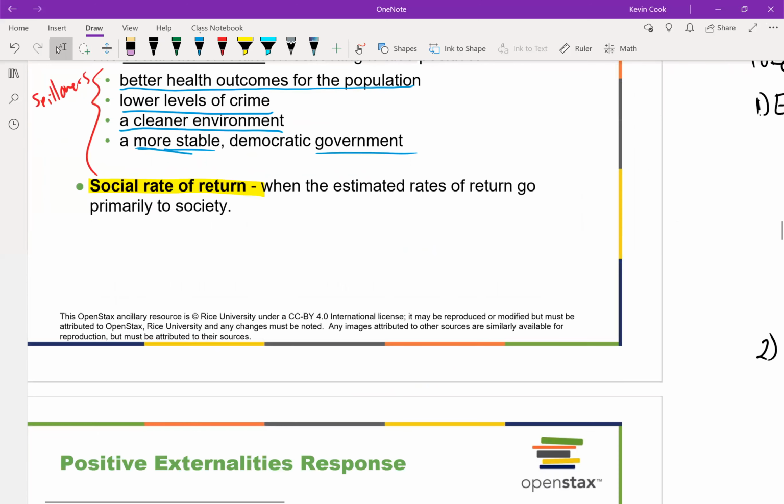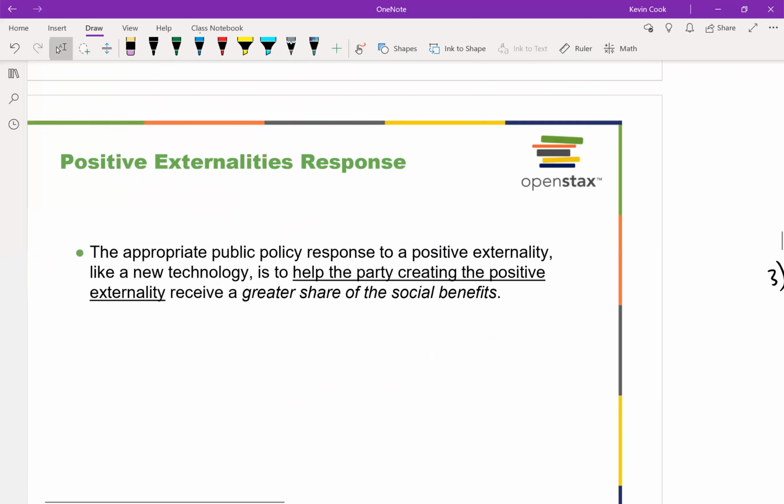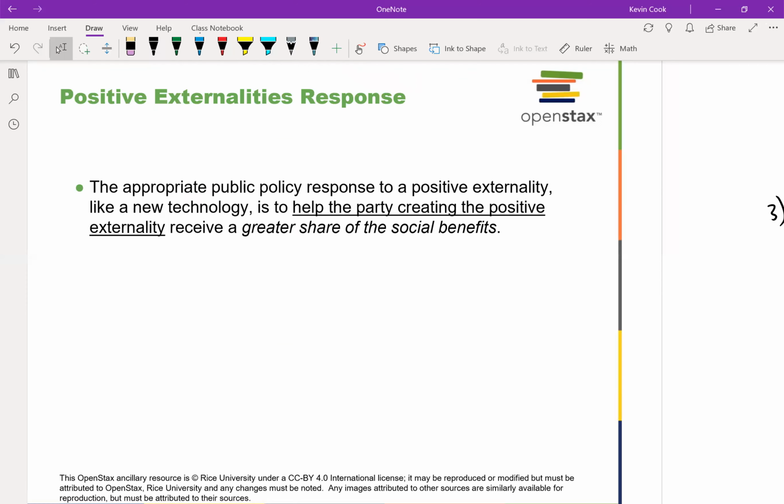So when you think about what kind of policy we are looking for, whereas before with our negative externalities, we wanted to get people to produce less of a good. That is, we wanted the net externality to go down, and we wanted to make people responsible for the externality they produce.